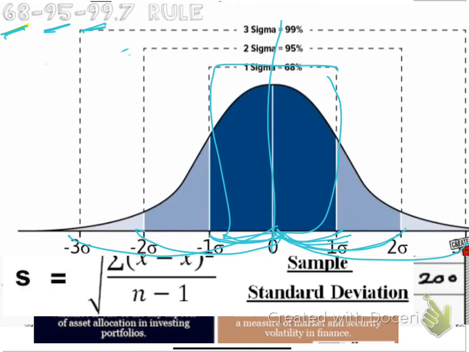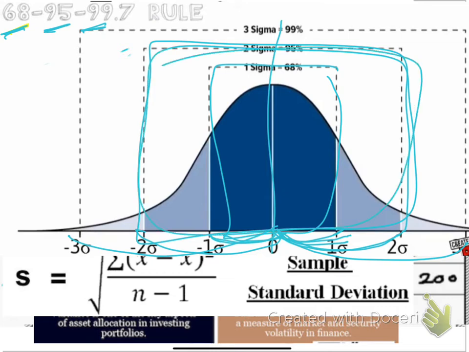If I move 2 sigma, I should have 95% of my data represented here. The sigma guarantees that if you move 1 sigma from here and 1 sigma from there, it will be 68%. If you move 2 sigma from each side, it will be 95%.